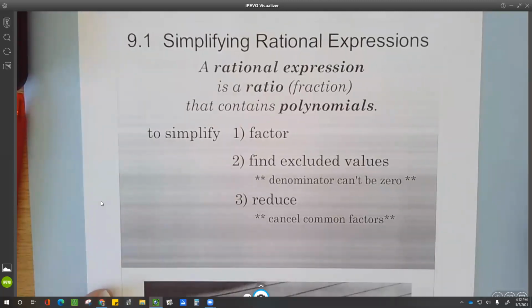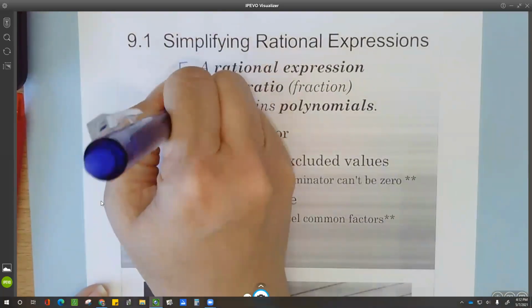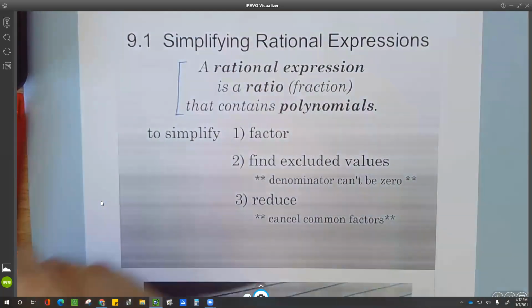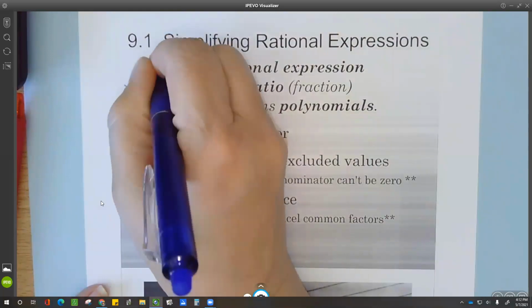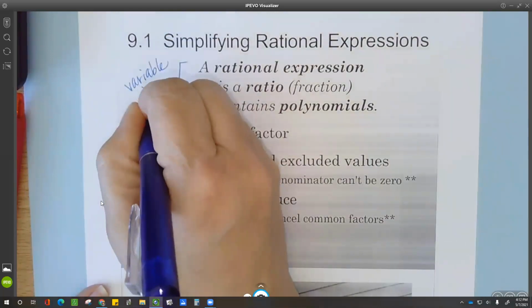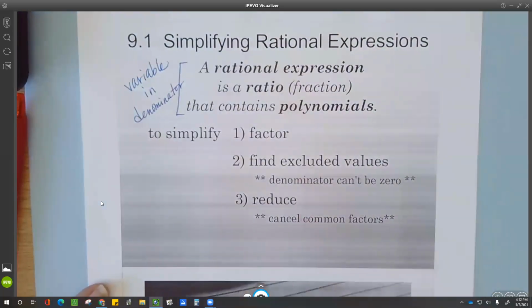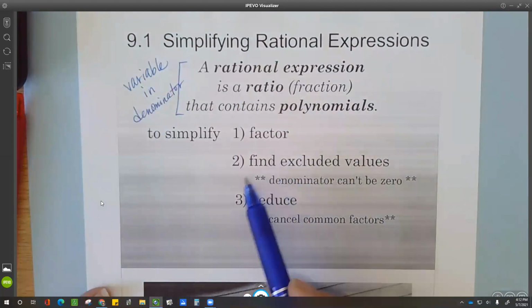So that's what defines it as being a rational expression and not just a regular fraction. So we'll simplify the expressions and we'll solve some equations.